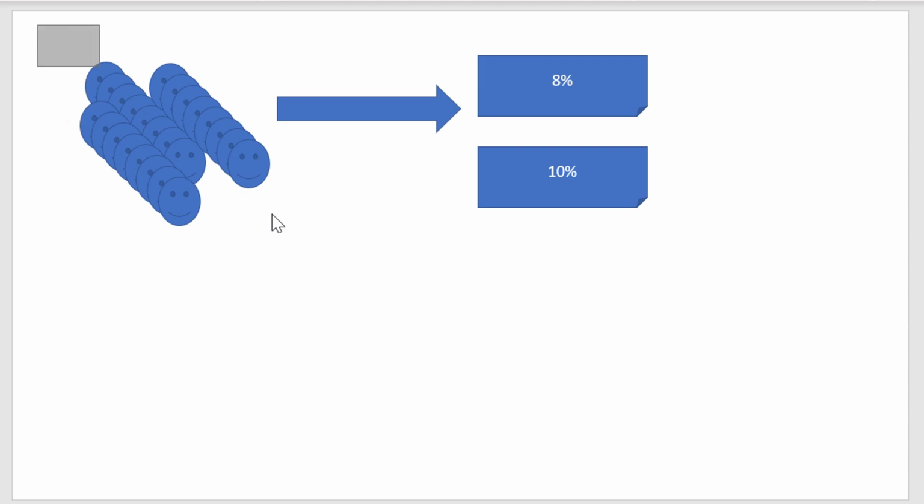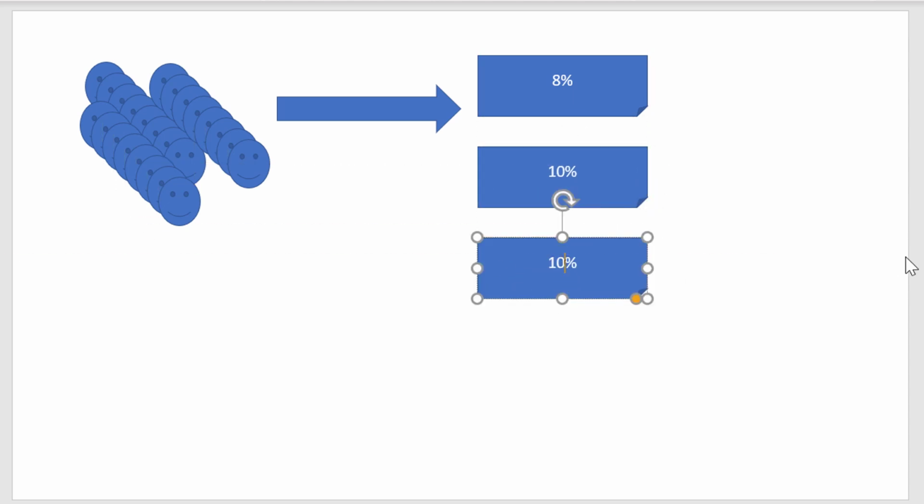I'll have n number of employees, and I'll be segmenting the users into 3 different groups, and I want to identify which employees are going to get an 8% hike, or 10% hike, or 12% hike. So I'll have n number of users, and I'll be segmenting the users into different categories based on different values.